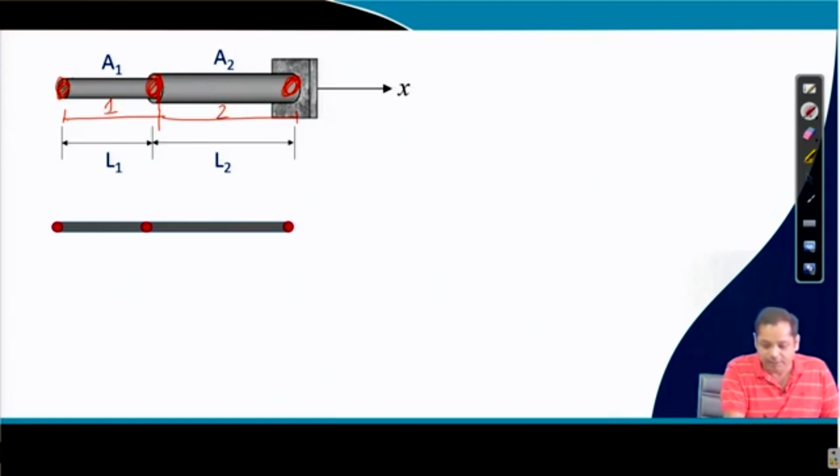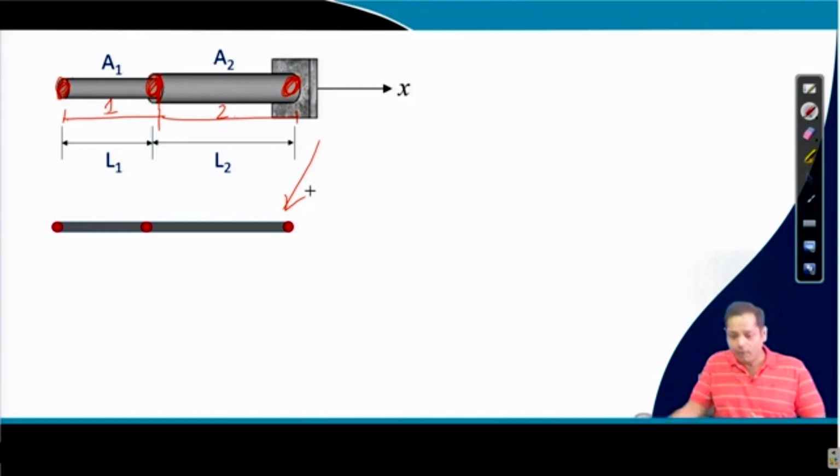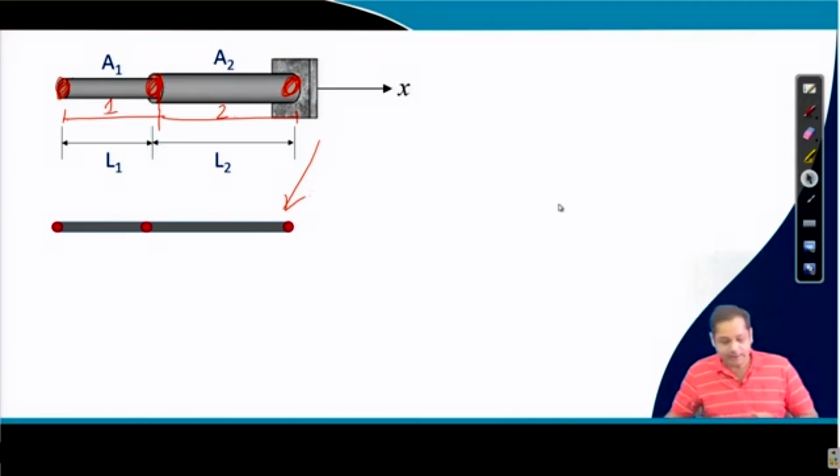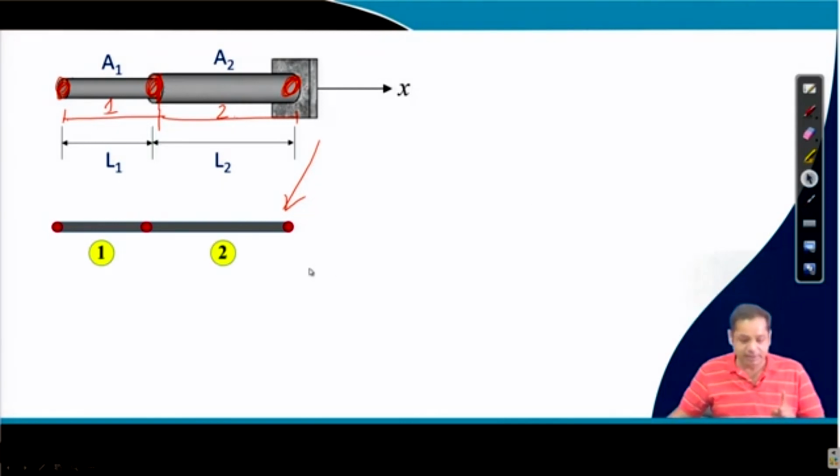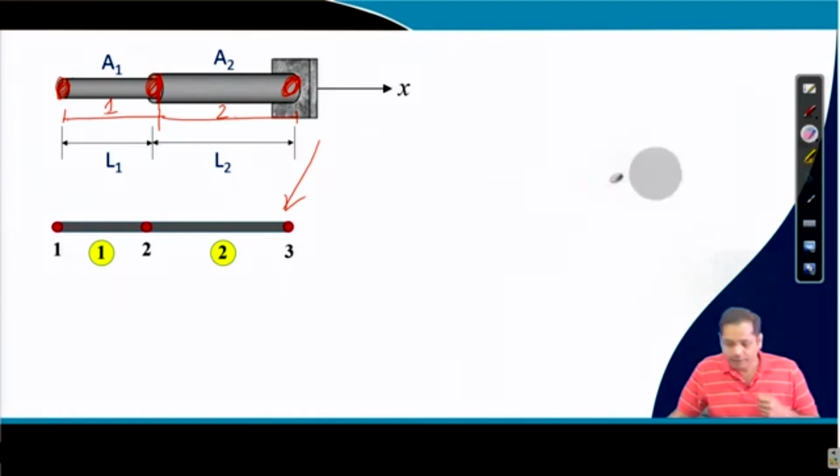Element 1 is connected between this node and this node, and element 2 is connected between this node and this node, as shown here. These are node number 1, node number 2, and node number 3. Now, what information do we have here?